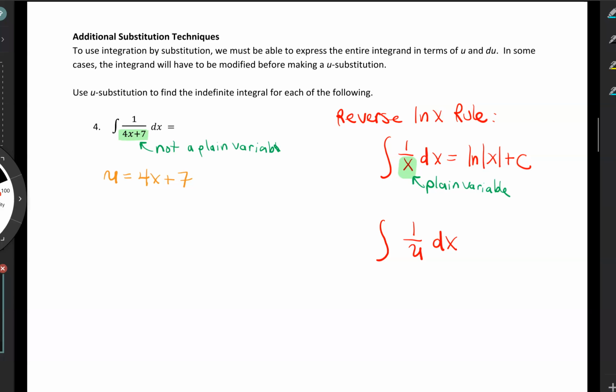It's so close, y'all. It's so close. But can I use my rule? Nope. Because my variables are not matching. So variables do not match. We need to rewrite with only u's.